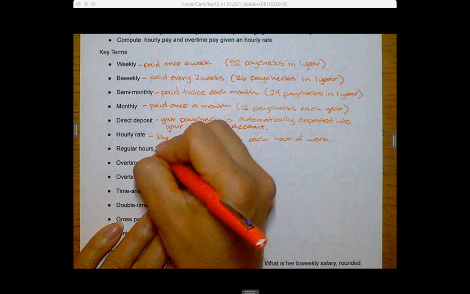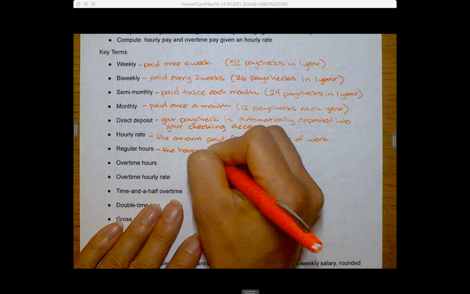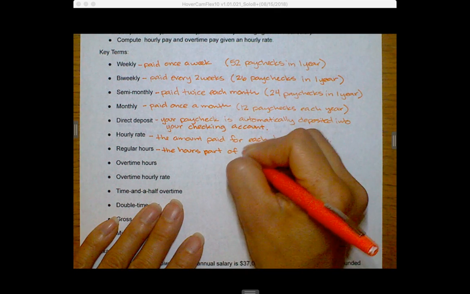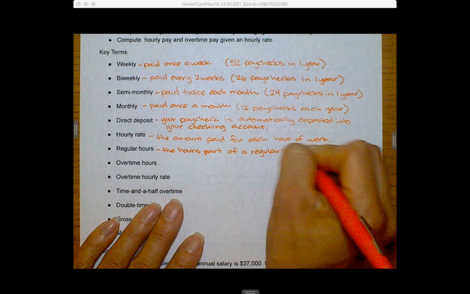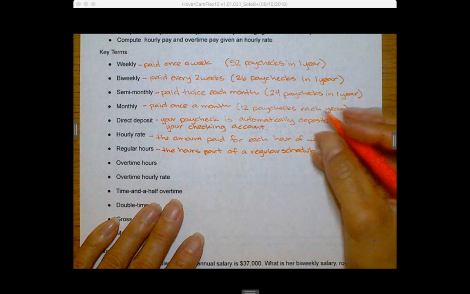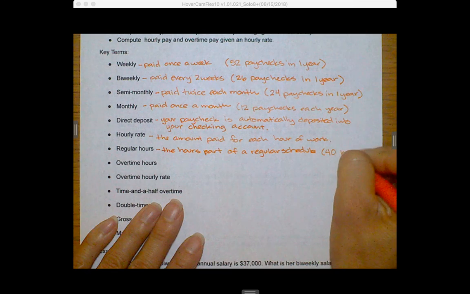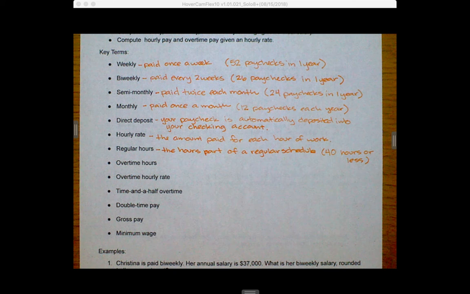These are the hours that are part of your regular schedule. For most employers, this is generally about 40 hours a week or less. Okay, typically anything over 40 hours a week is not going to count as regular hours. That's going to count as overtime hours.